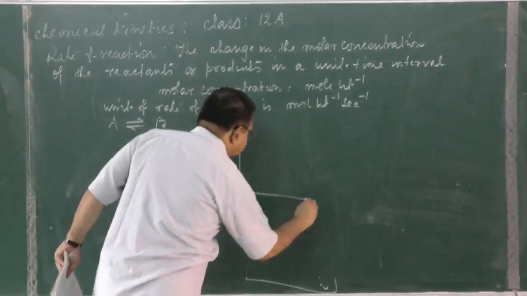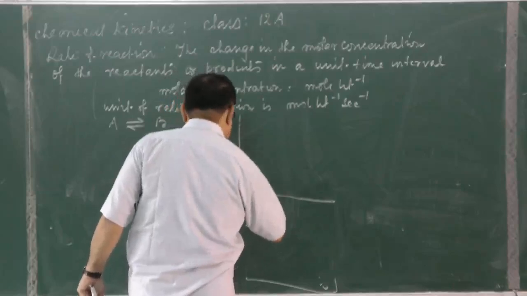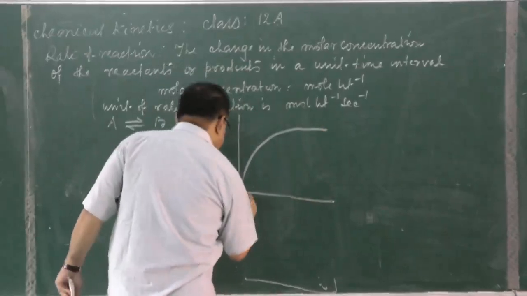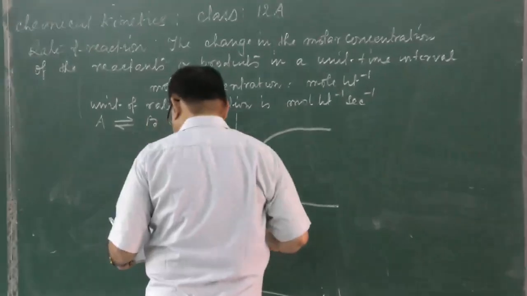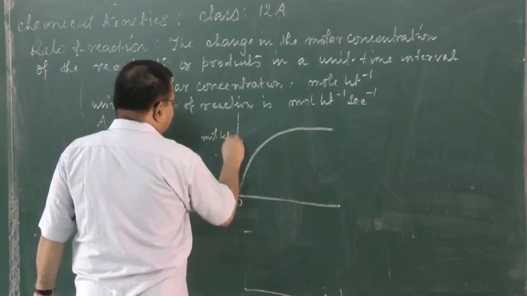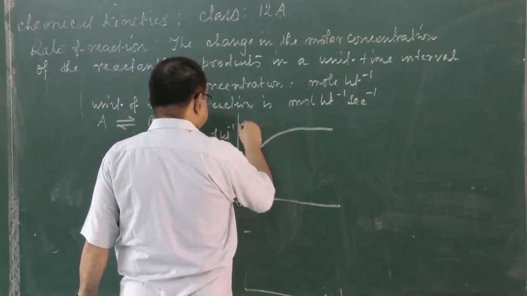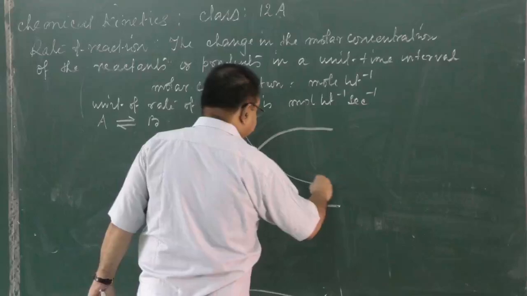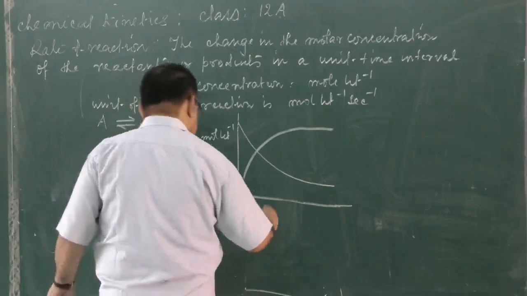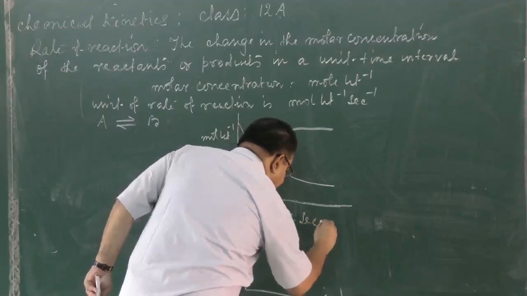Again I am doing it. This axis is the concentration of reactant and product, in mole per liter, and this is time in seconds.